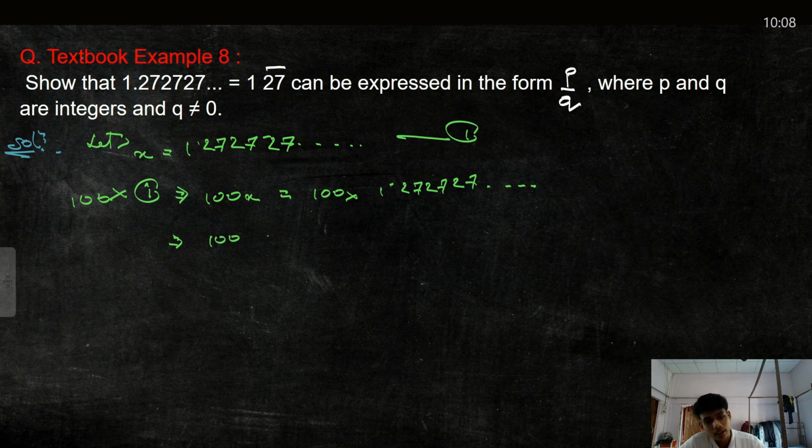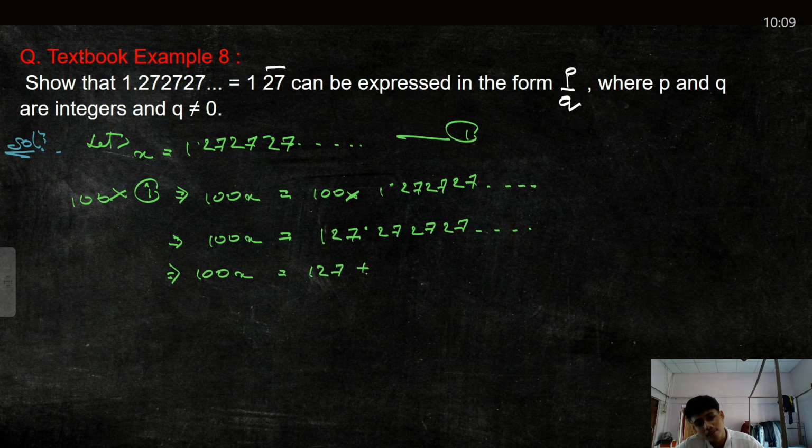So 100x will become, now if we multiply by 100, the decimal will shift 2 digits, 127.272727 dot dot dot. Again, 100x equals 127 plus 0.272727. That implies 100x equals 127 plus x.